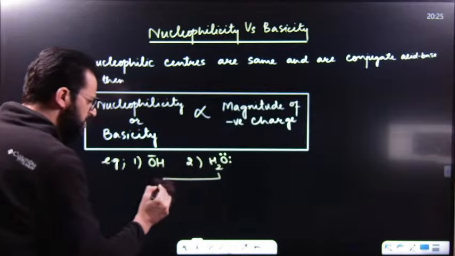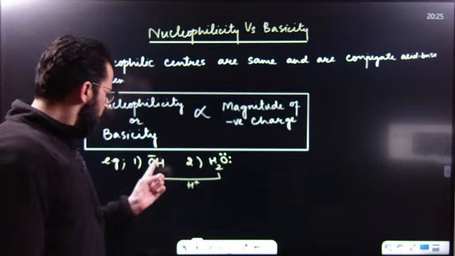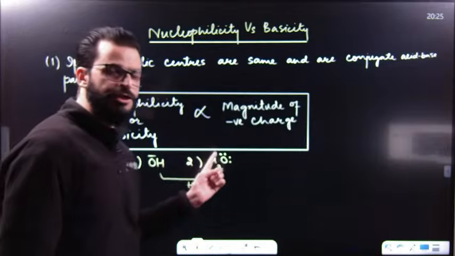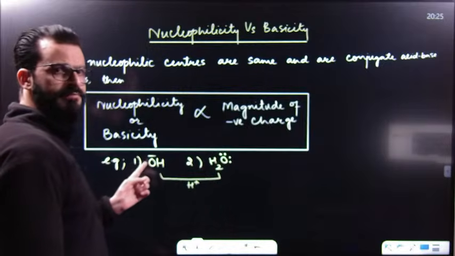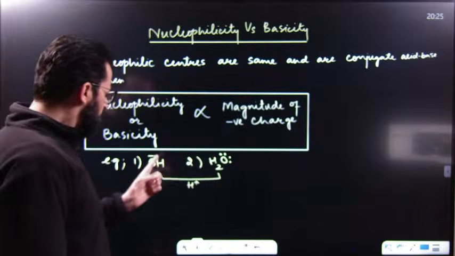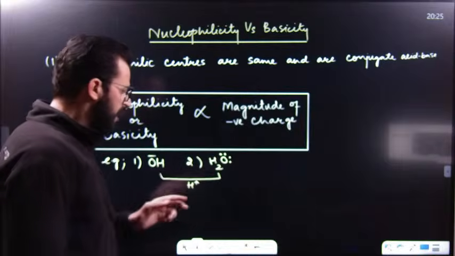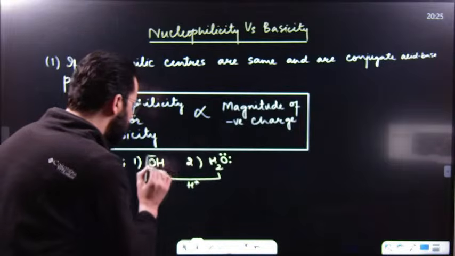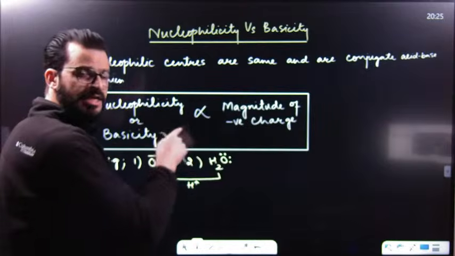The difference is of H positive. So if this is base, this is its conjugate acid, or if this is acid, this is its conjugate base. Here OH minus and H2O are conjugate acid base pairs and both are having similar nucleophilic center. One is negatively charged, another is neutral.